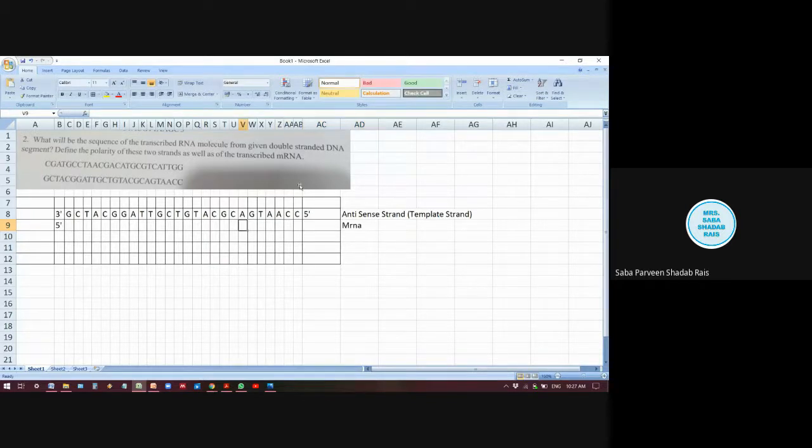Now tell me what would be the mRNA. Now see, this is mRNA. In case of mRNA, we do not have T. Instead of T, we will be using U.